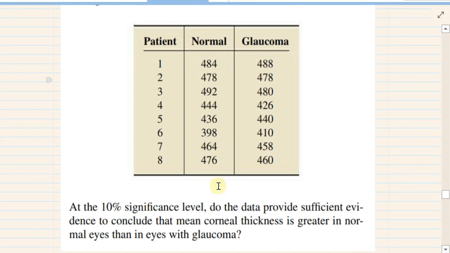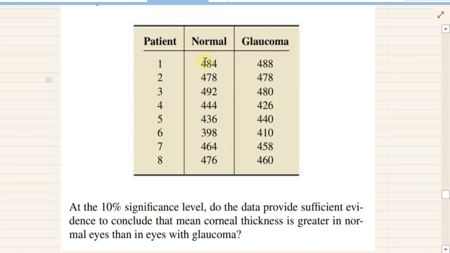Question reads, at 10% significance level, do the data provide evidence to conclude that mean corneal thickness is greater in normal eyes than in eyes with glaucoma? Now, if I look at this data, for example, 478, 478, the difference D is 0, which means there is no difference.